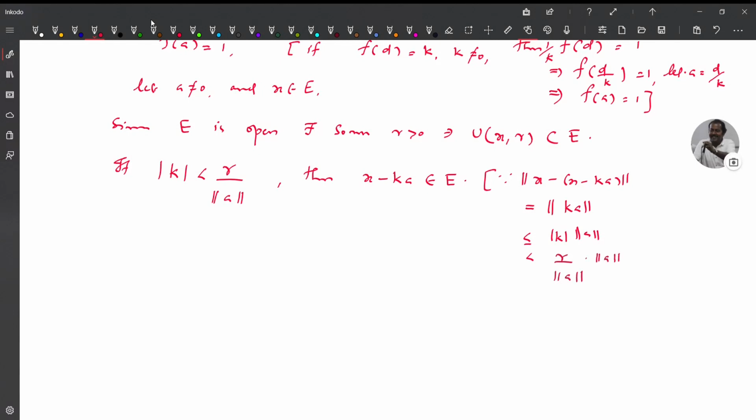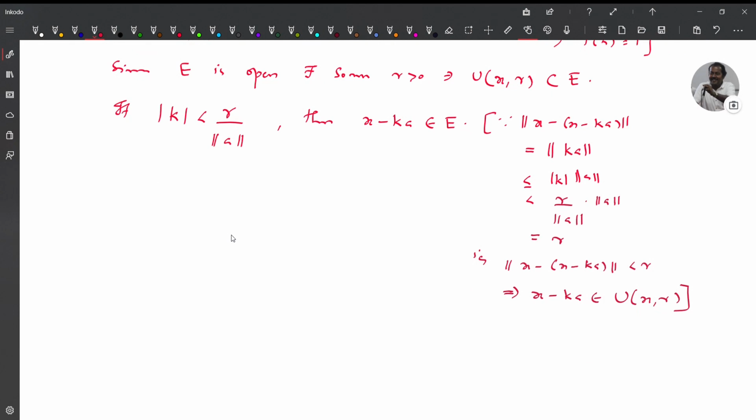So this is equal to r. That is, norm of x minus ka minus x is less than r. So this implies x minus ka belongs to U(x, r). This is the reason. So if modulus of k is less than r by norm a, then x minus ka belongs to E.